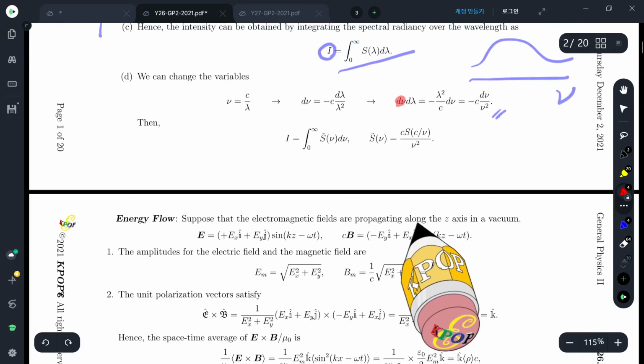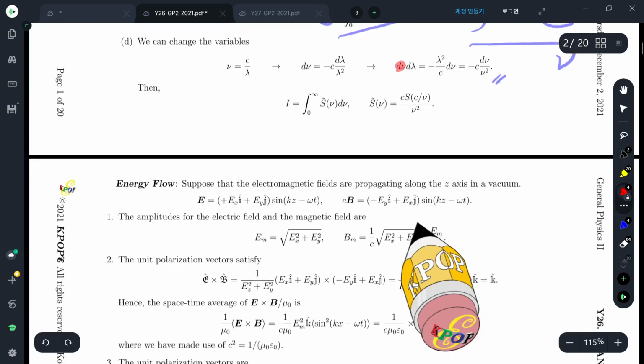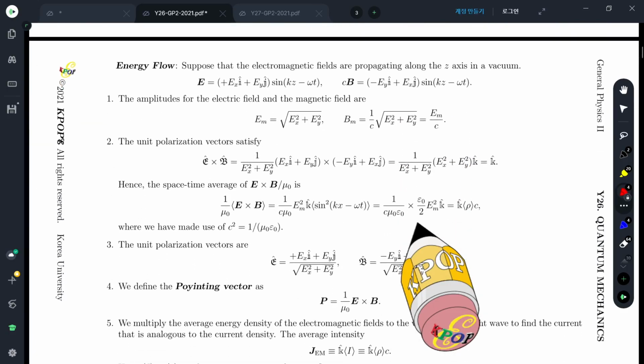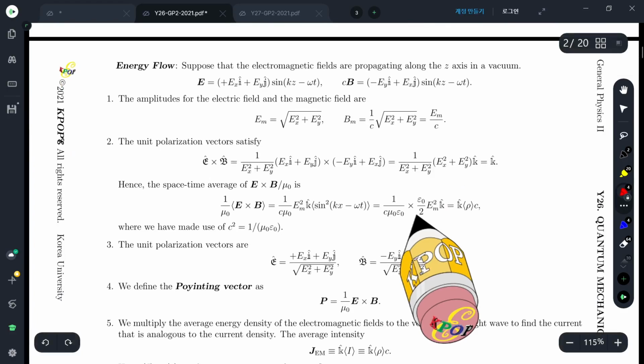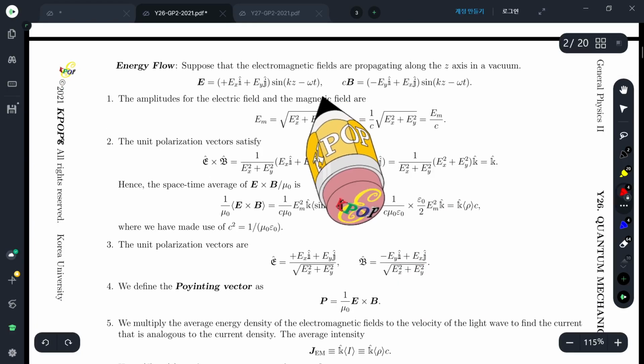So if we apply Maxwell's theory, we can find the electromagnetic field inside the cavity. For simplicity, we consider the one-dimensional propagation along the z-axis.